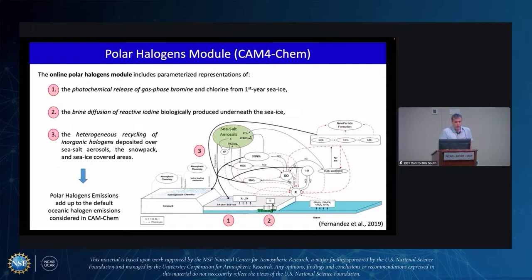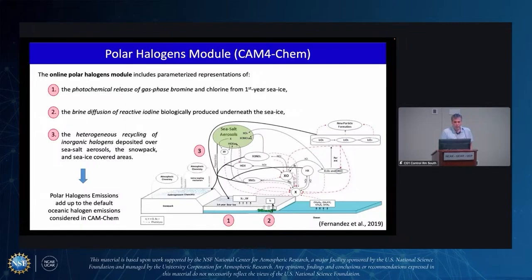This scheme or this module has 3 additional sources of halogens arising from the Arctic sea ice. One is the photochemical release of bromine and chlorine, which is mostly arising from the first-year sea ice, photochemically driven. The second one is the brine diffusion of iodine, biologically produced underneath the sea ice.